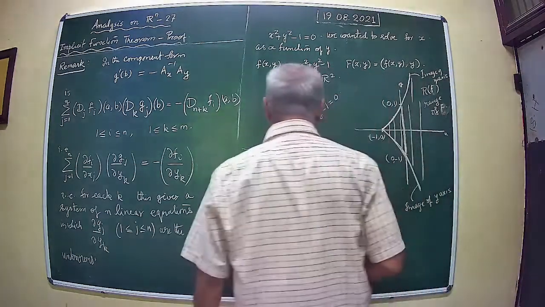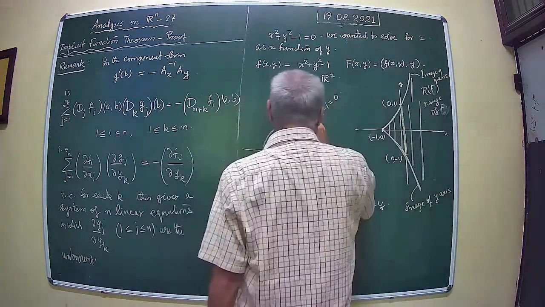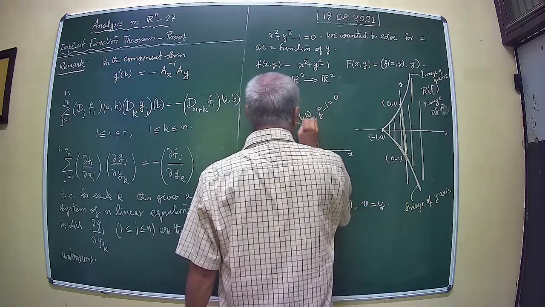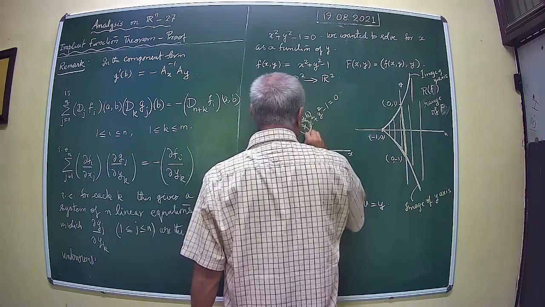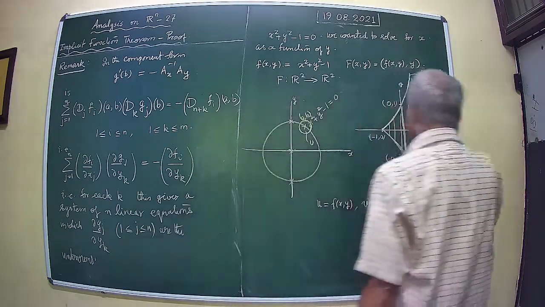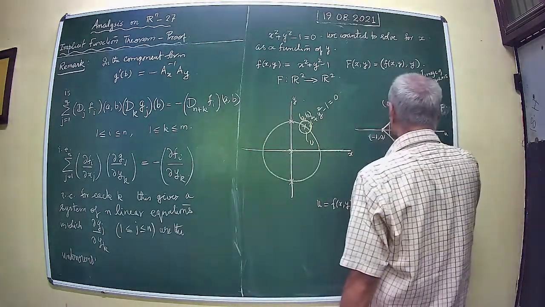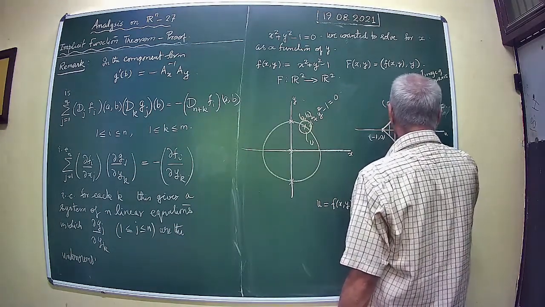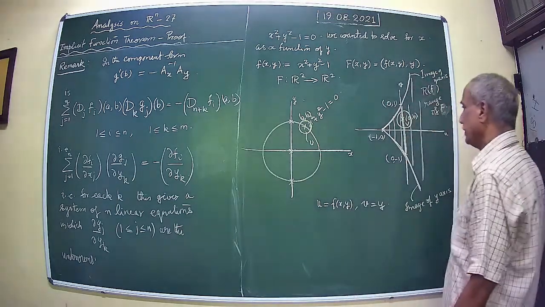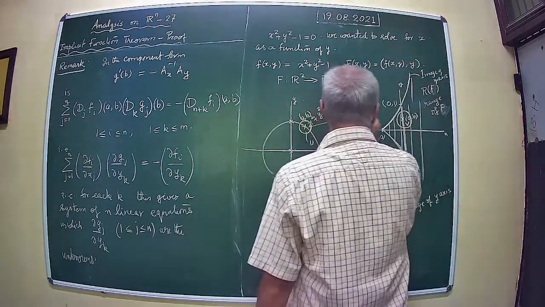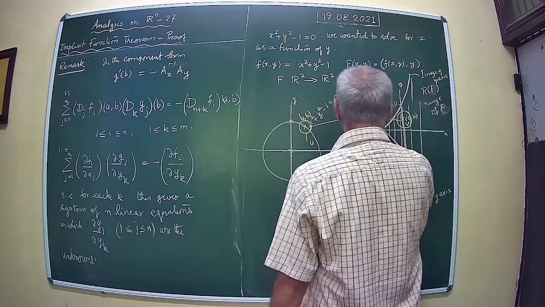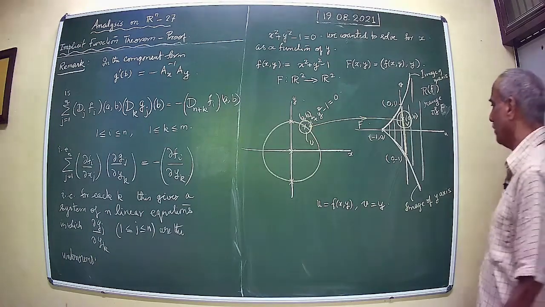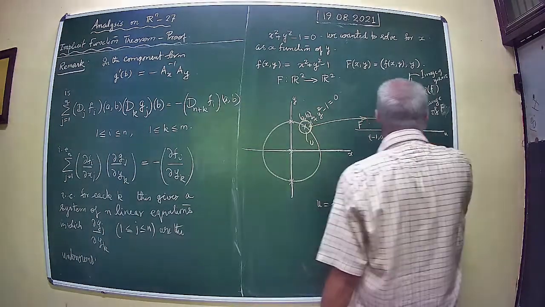Now what you have, suppose you have an AB here. Then you have a U here. And then there is a corresponding point here. This is 0B. There is a V here. That's about it: F maps U onto V. And what you have is this part of the line.